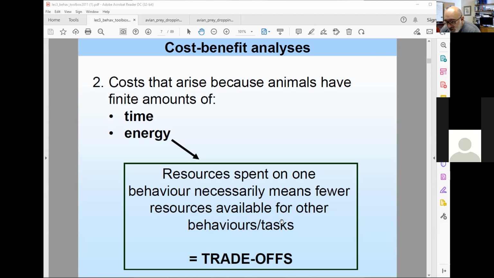So they're expending energy chasing off rival males, but the cost is that they spend less time feeding. This is a trade-off between those tasks: it's either foraging or fighting off rival males.